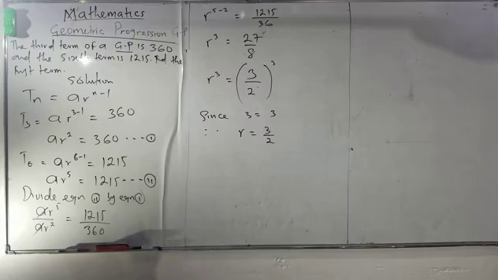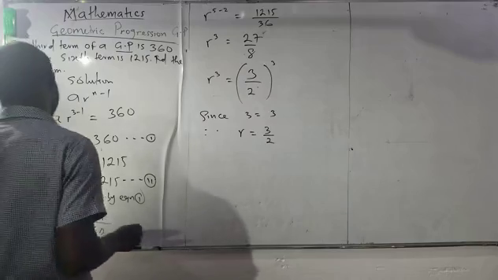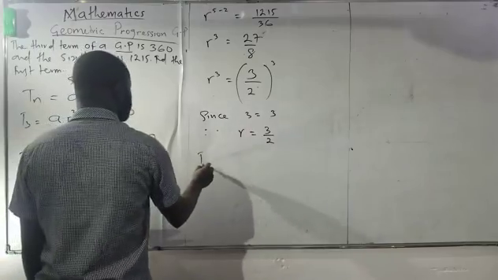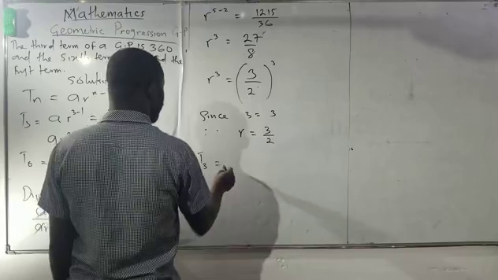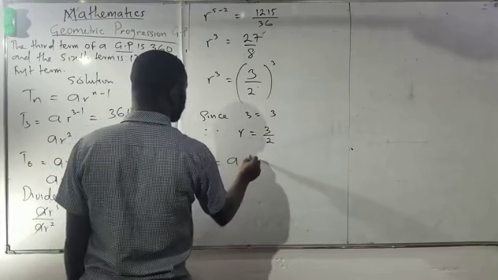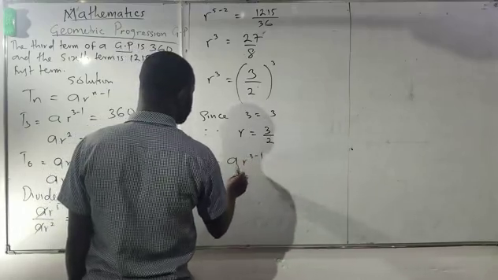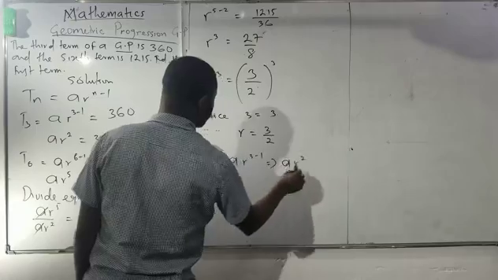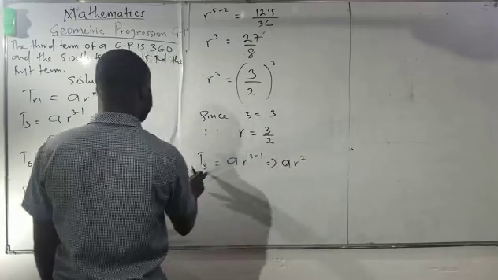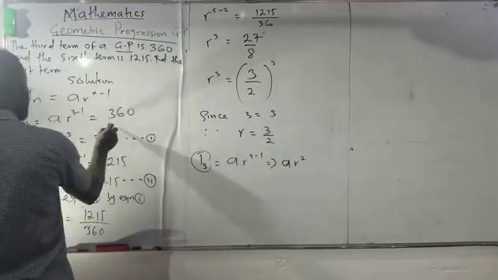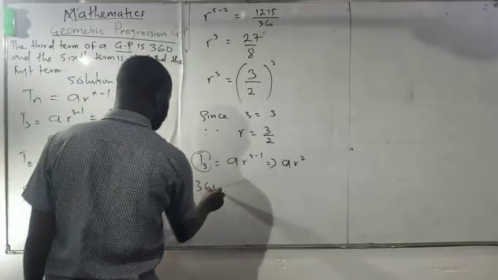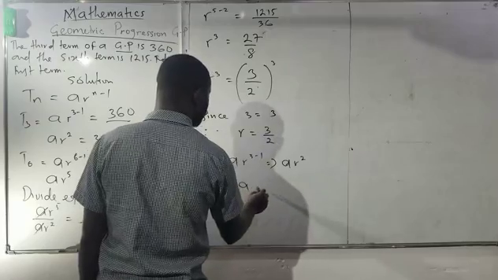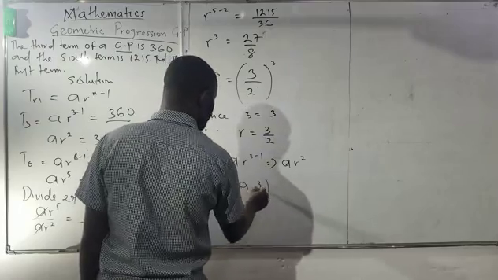Now, since you have gotten your r, I can say that my T3 equals to ar to the 3 minus 1, which implies ar squared. Now, what's my T3? T3 is given as 360, so 360 equals to a bracket of 3 all over 2 squared.